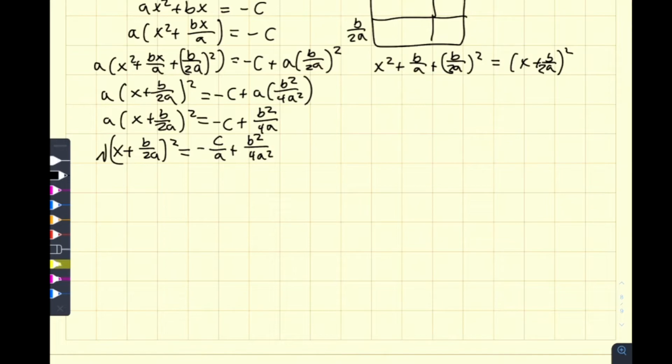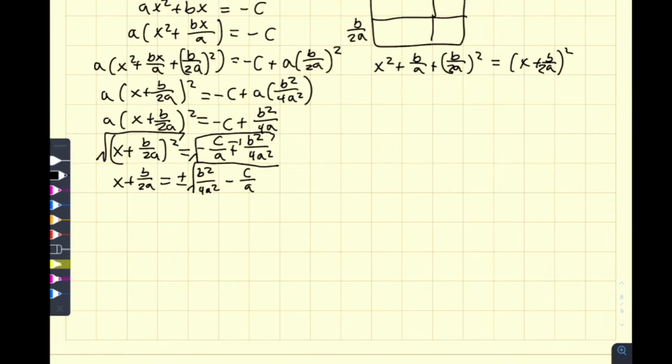Now let's find the square root of both sides, because remember again, we're trying to figure out the x, so we will isolate it. So now this will be x plus b over 2a equaling plus or minus the square root of b squared over 4a squared minus c over a.